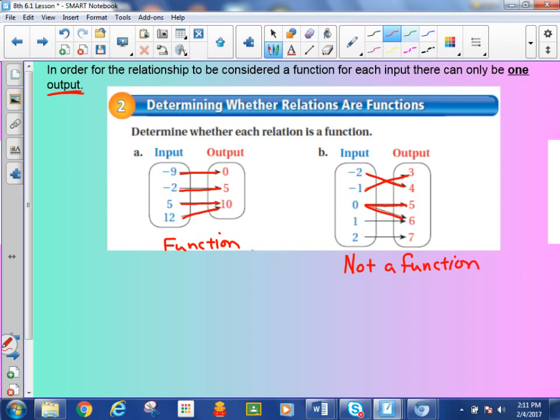You'll learn more as you graph why that is. But in this short case, where they're just asking us to look at these mapping diagrams, the key thing is you can only have one arrow coming from each input. You can have more than one output as long as it's coming from a different input number.